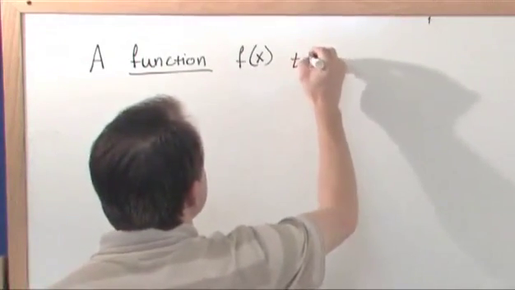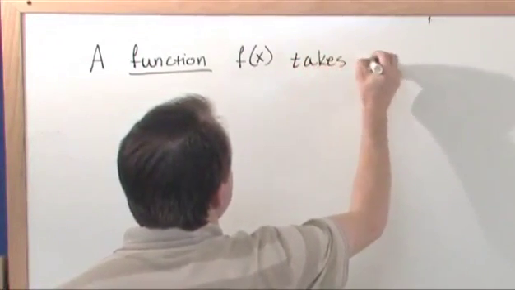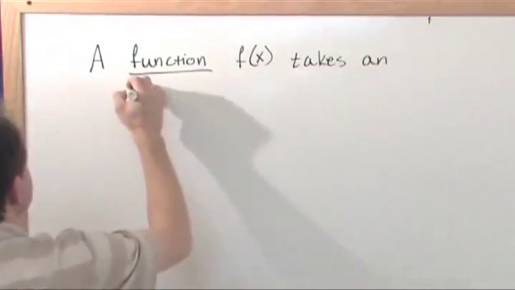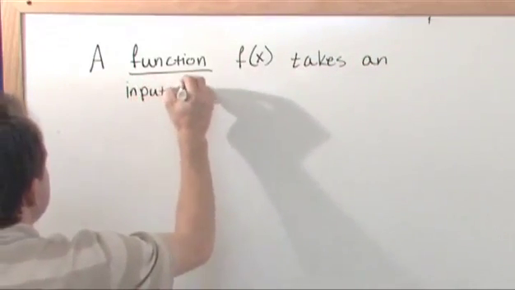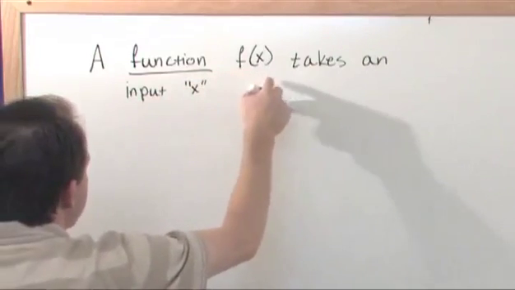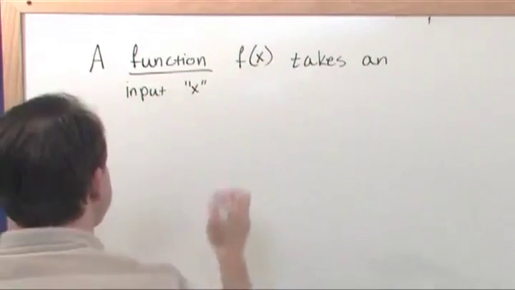All this thing does is it takes an input, and the input is x. That's why it's f of x. It's taking an input. We call that x.